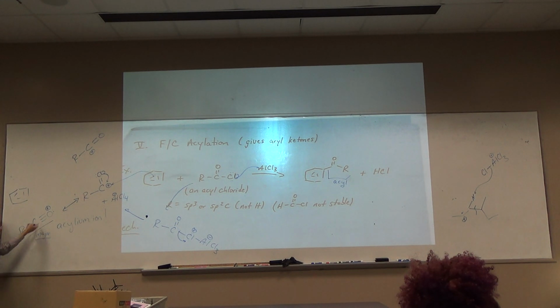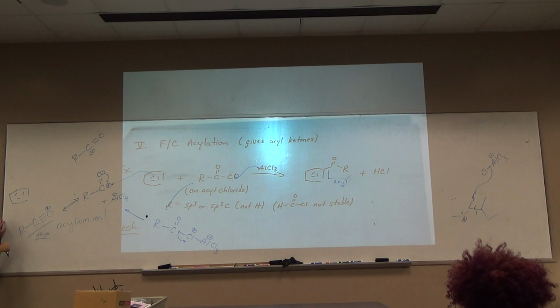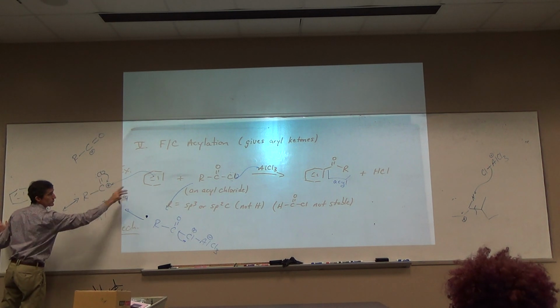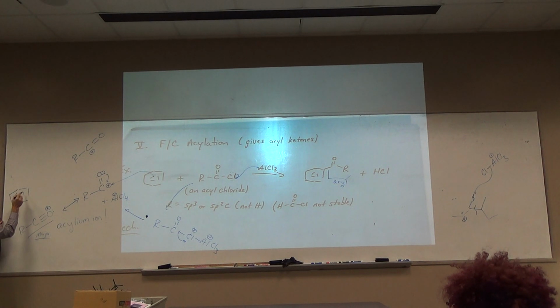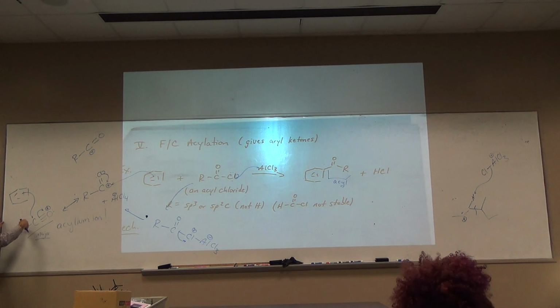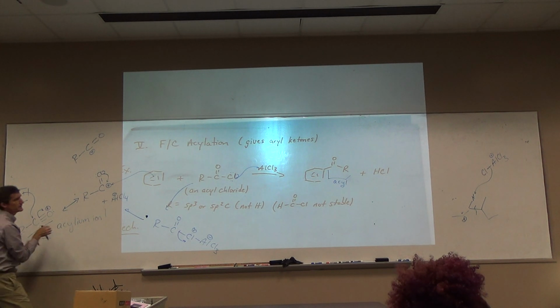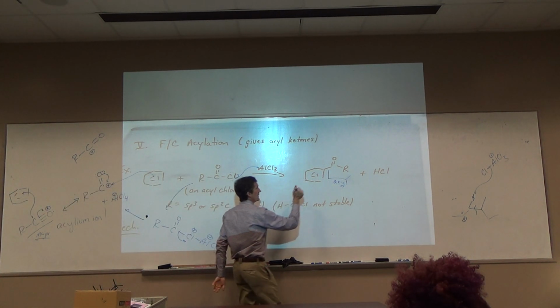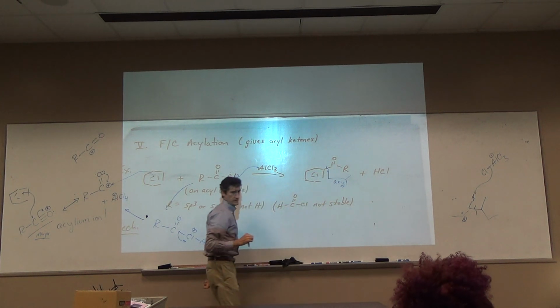All right? You can always work with any resonance structure. And if this is the major one, you might say, well, why don't we work with it? Well, you can. This just sort of looks more like the product. Here, the pi electrons are going to attack the carbon and move these back. If you want to use this resonance structure, in the end, you make a carbon-carbon bond here. Okay? Carbon-carbon bond here.